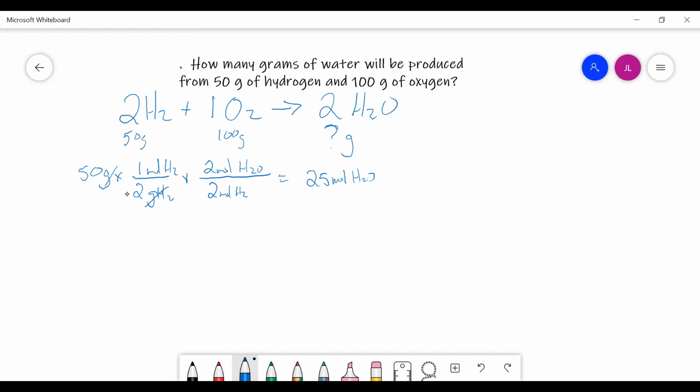So now let's compare. Now let's look at our oxygen. We have 100 grams of O2. And that's 16 grams per mole for each oxygen. We have 2 of those, so we're going to have 32 grams per 1 mole of O2. Okay, now we've gotten rid of our grams, we're over to moles.